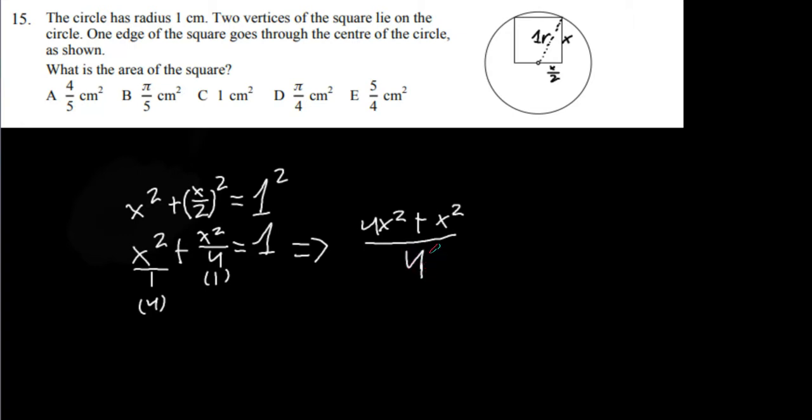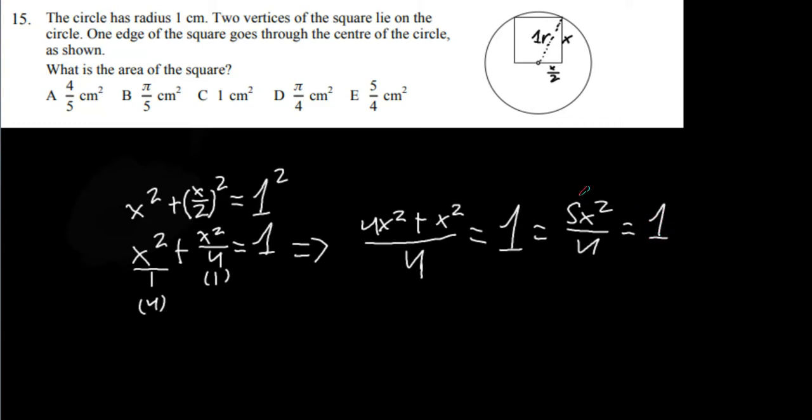The reason I can do this is since they have the same denominator, I can just put it like this. So now if we add these up, this gives us 5x squared over 4 equals 1.